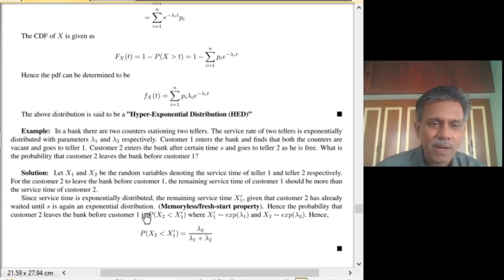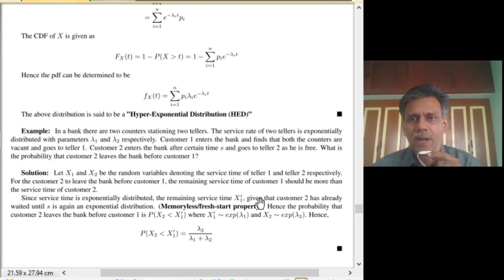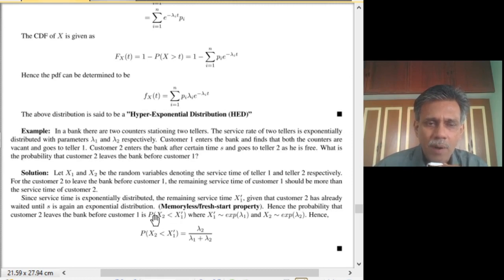Because of the memoryless property, the remaining service time of x1, which we call x1 dash, has the same distribution as x1, exponential with parameter lambda 1.